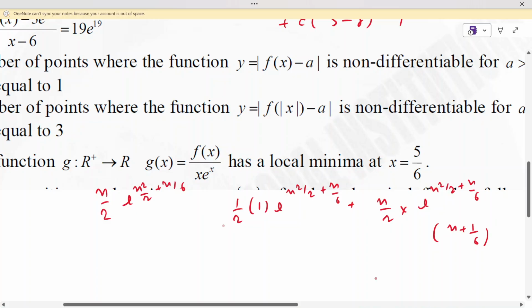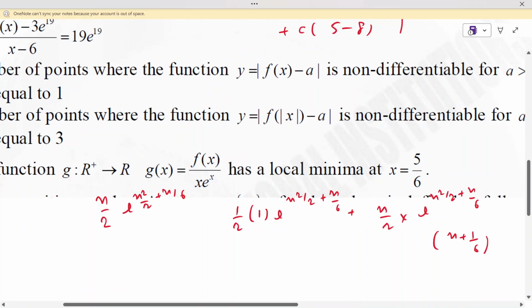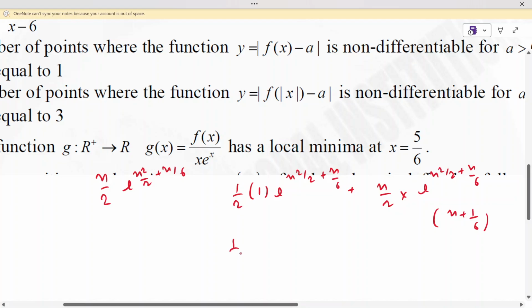Now simply substitute x is what? 6, isn't it? We are getting this derivative will be, this is e की power 19, so 1 by 2 into e की power 19 plus 2, right?